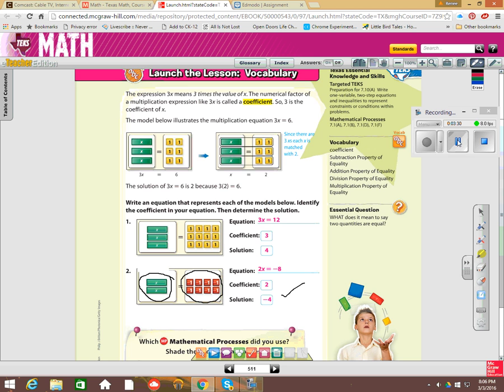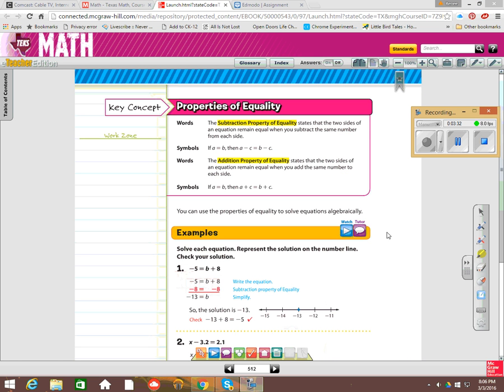That works. Okay, now let's look at the key concept. The key concept here is the subtraction property of equality states that the two sides of an equation remain equal when you subtract the same number from each side.